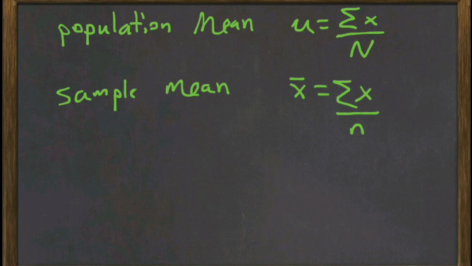It's not the population. Let's say we have 300 people in our population, but we have a sample of 20 of them. That lowercase n is the sample number, 20. These are both calculated very similarly, but they may be different numbers, even if we're taking a sample from the same population.